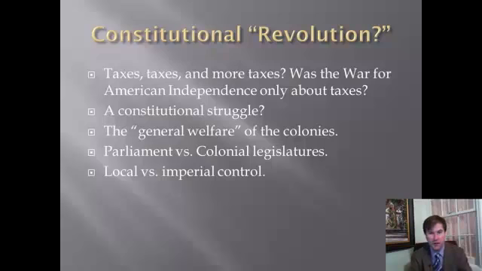Now, in presentation 2, I talked about this general welfare. I mentioned this once or twice. And that phrase, of course, is in the United States Constitution. It was in the Articles of Confederation. And they actually used that phrase in this 10-year period or so leading up to the War for American Independence. What they meant by that is that Parliament and the British Empire were responsible for the general welfare of the colonies.